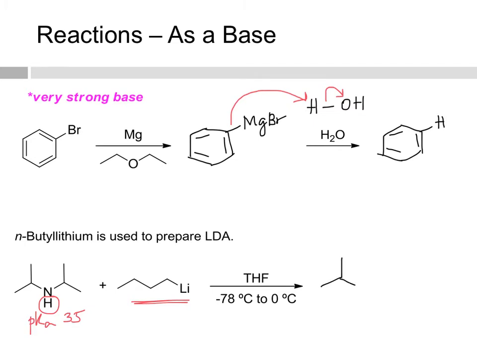And so your product is going to be LDA, which is a strong non-nucleophilic base, and butane. Remember that the pKa of alkanes is about 50 to 55, and so you can see that even though this proton here is not that acidic, it is going to favor the product because this is the weaker acid.